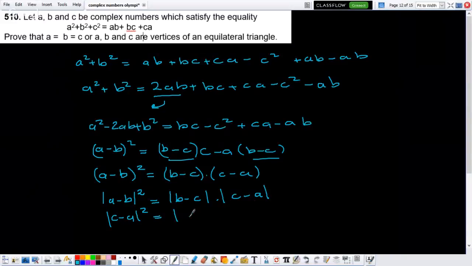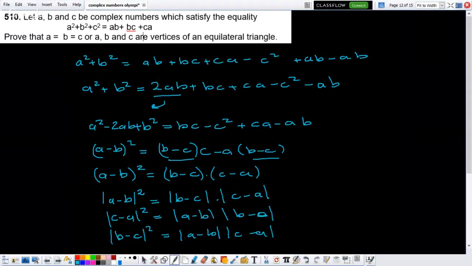And then it's equal to a minus b times b minus c, it's going to be b minus c square, and if you get a minus b times c minus a, you're going to find.